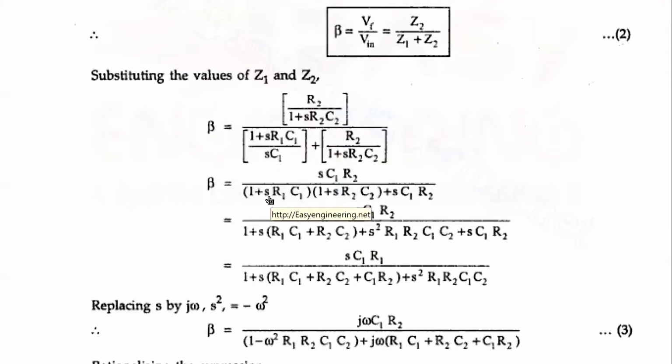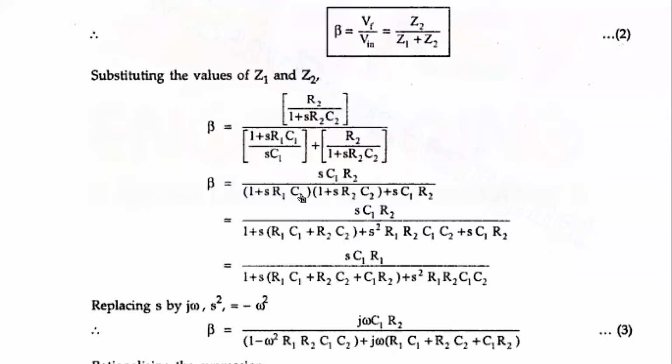Next, 1 into S R2 C2 is S R2 C2. 1 into S R1 C1 is S R1 C1. So S R1 C1 and S R2 C2 are S terms, and S we are taking out: S into R1 C1 plus R2 C2.